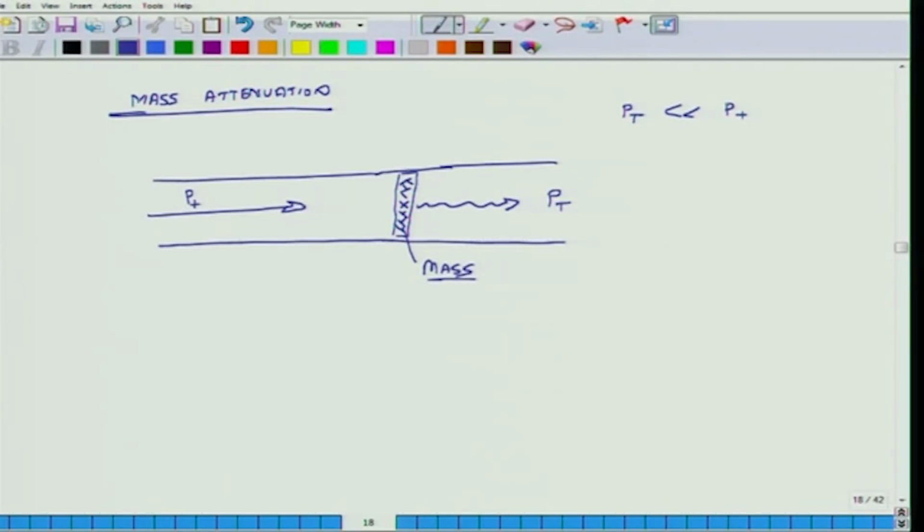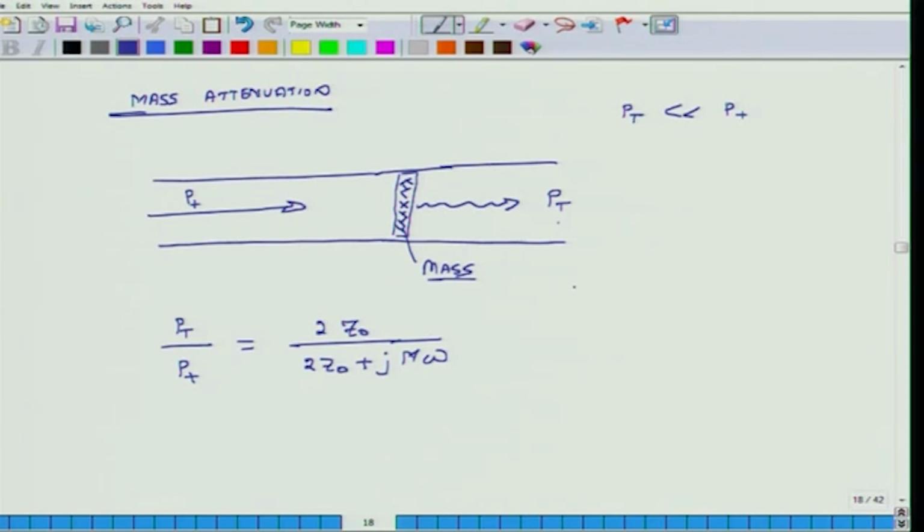Without going into the mathematics of it, there is a relationship which connects PT to P plus. The complex amplitude of the transmitted sound wave divided by P plus, which is a complex number, is equal to 2Z0 over 2Z0 plus J M omega.